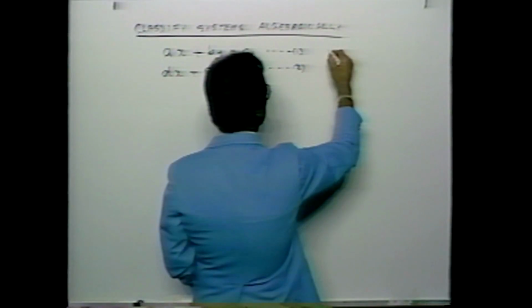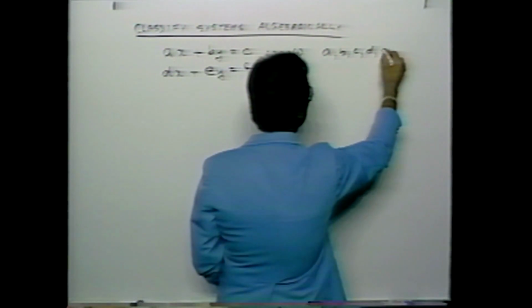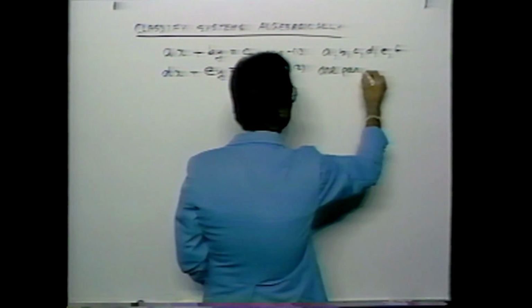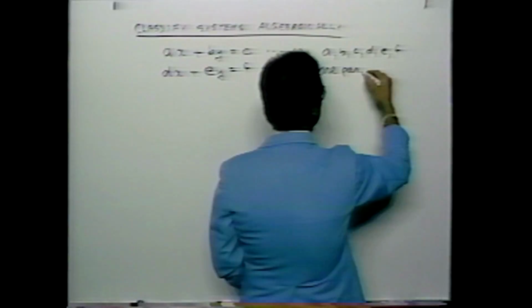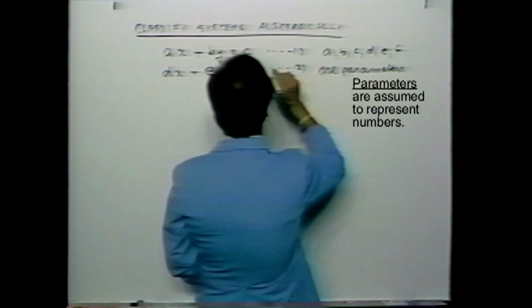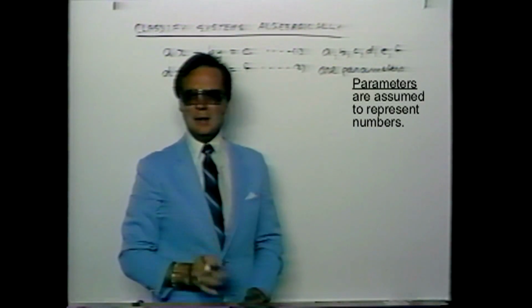Let's write that. A, B, C, D, E, F are parametric values, or simply parameters. That means that you have to think of those parts as carrying numbers.